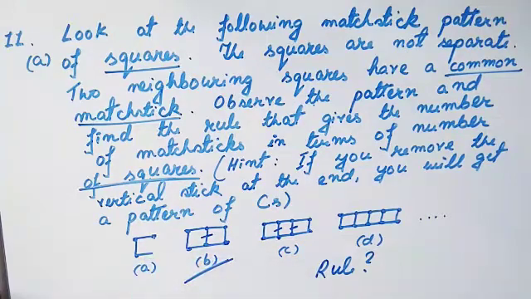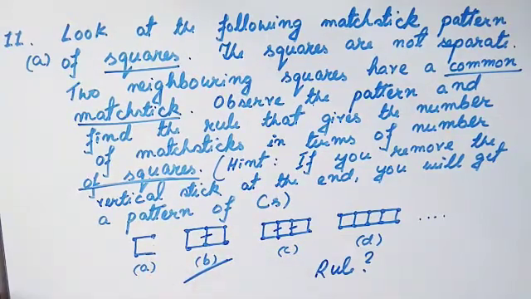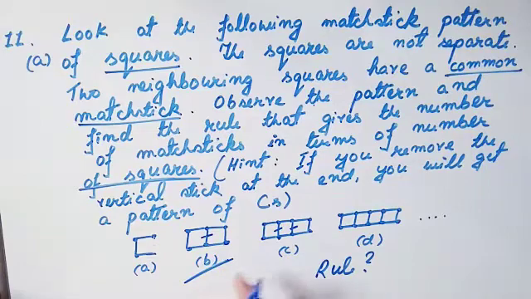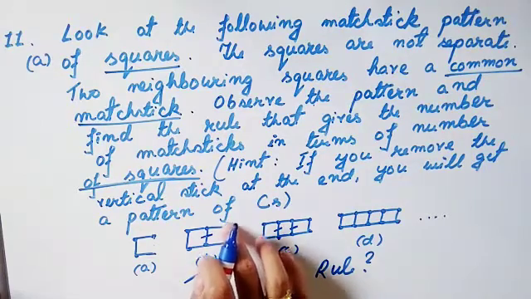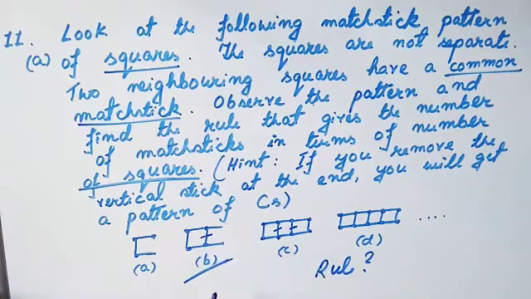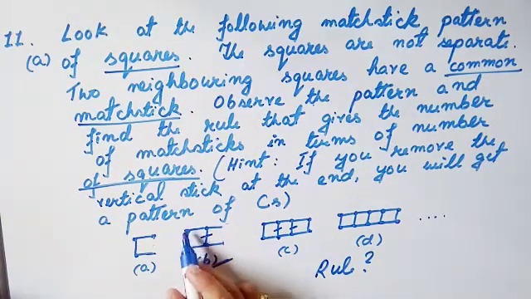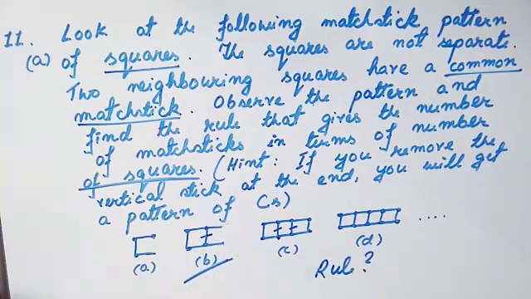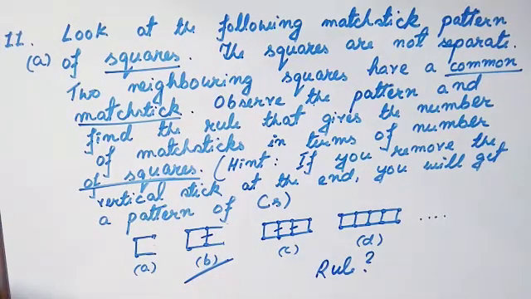We get a C-shaped figure, right? And again, if we look at this figure number B, and if we remove the last vertical stick, then what did we get? Yes, we get a C-shaped figure, right? There's one C, there's another C, like this. Okay, so this is a hint that the question has given to us. So let's try to solve this question.